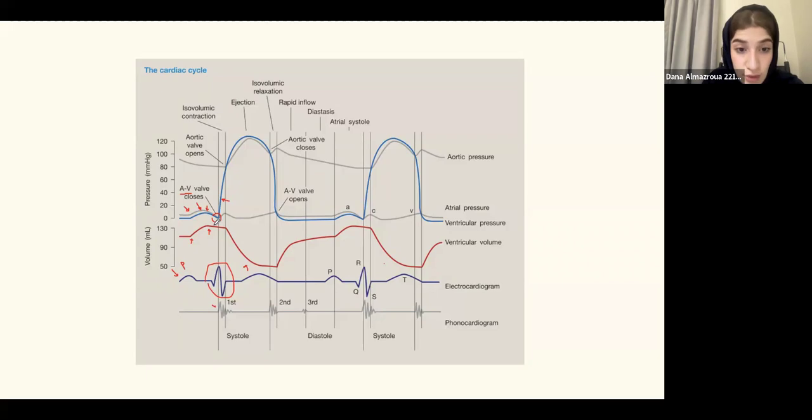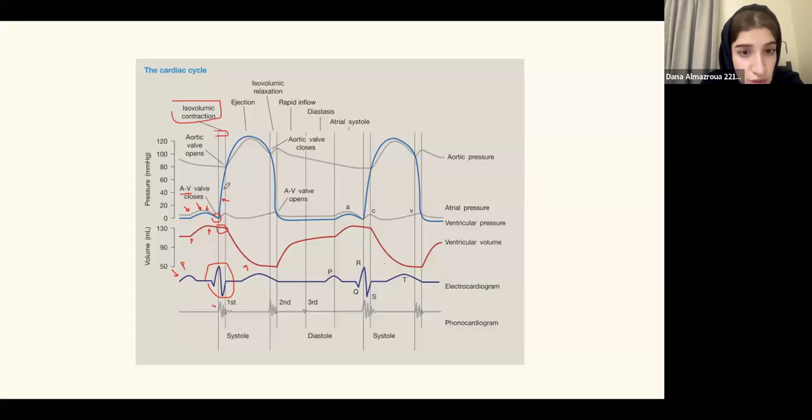If you look at the volume, it is a straight line. The ventricular volume does not change, because the valves are both closed, blood's not coming in, and it's not going out. So the volume remains the same. That's the period of isovolumetric contraction, these two closed lines.